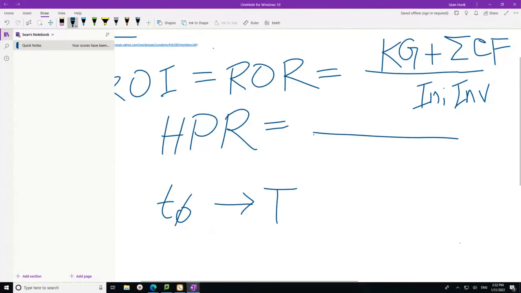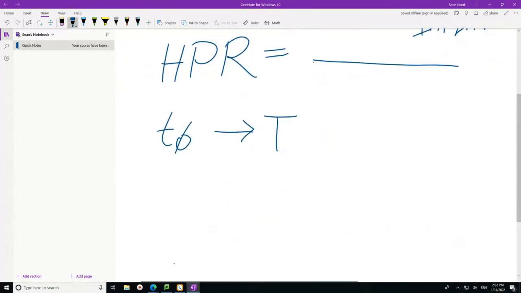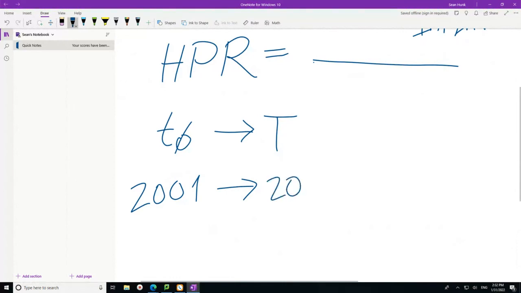So, for example, suppose you bought a stock in 2001, and you held it for 10 years, that's going to be 2010. And think about it.